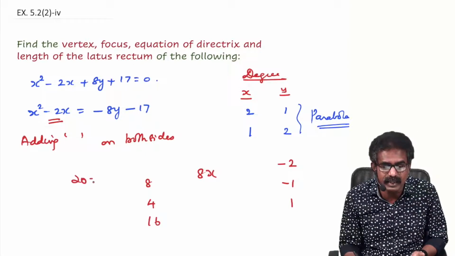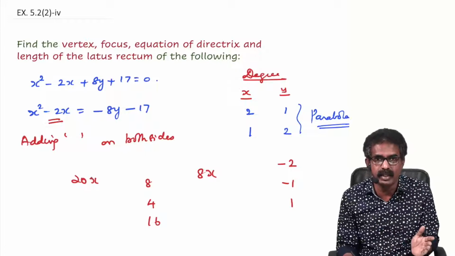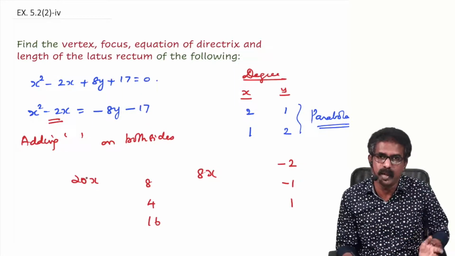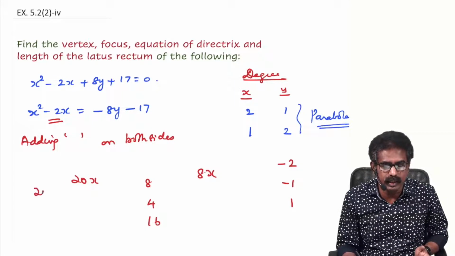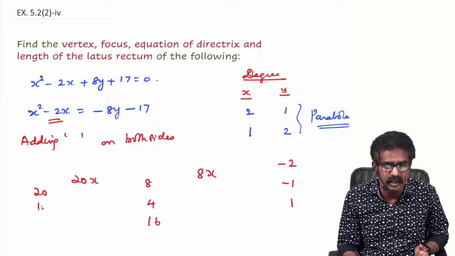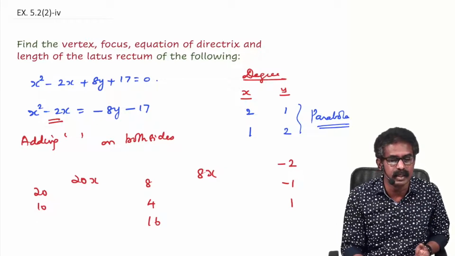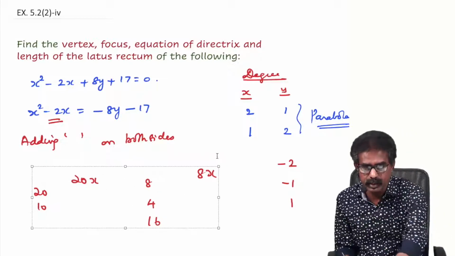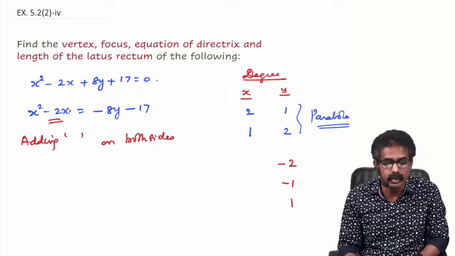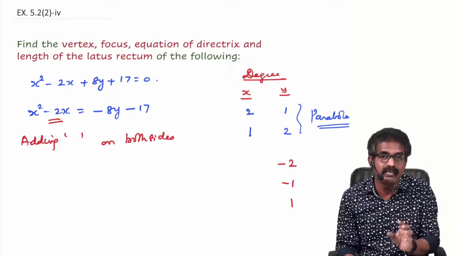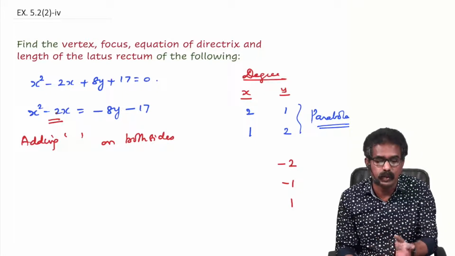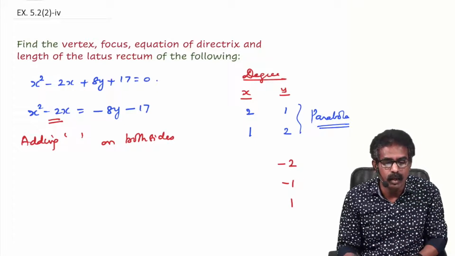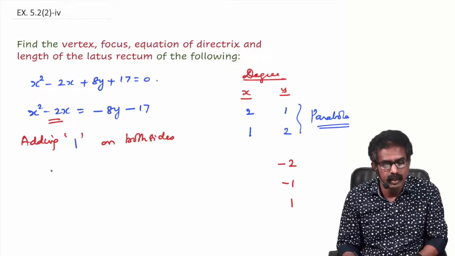Suppose it is 20x, x coefficient is 20, half of that 10, square it 100. Like this, you have to add a number to complete the square. Here the x coefficient is minus 2, half of that minus 1, square it 1. So you are adding 1 on both sides.